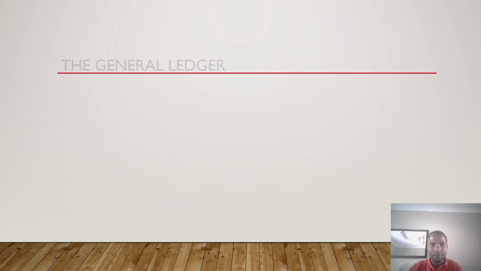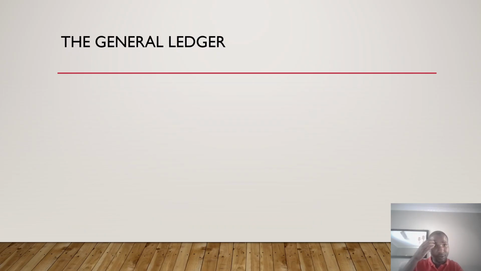So today we're going to talk about the General Ledger. We've talked about journal entries and double entry. Now, ledger is simply another name for account. So the general ledger is the general account.